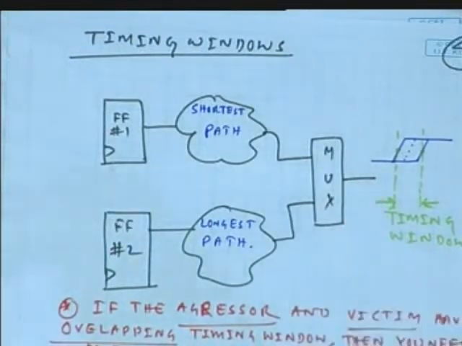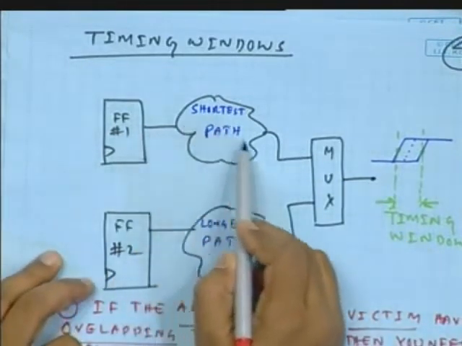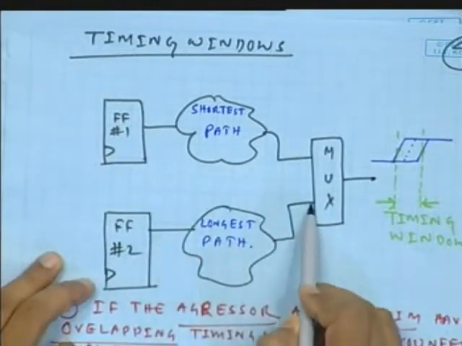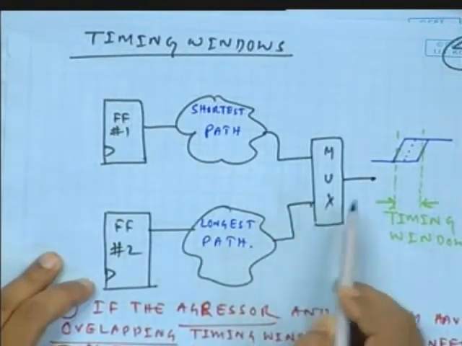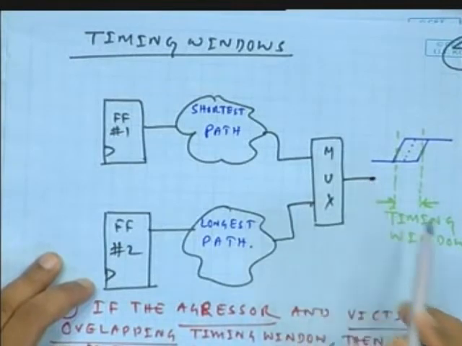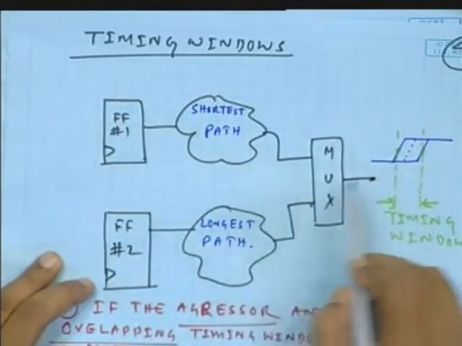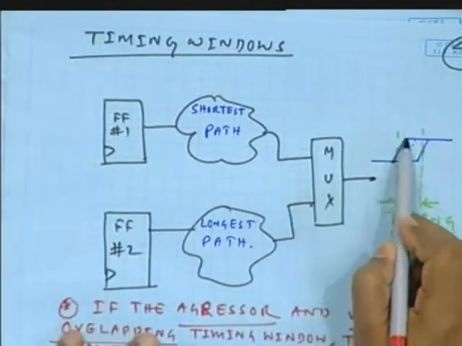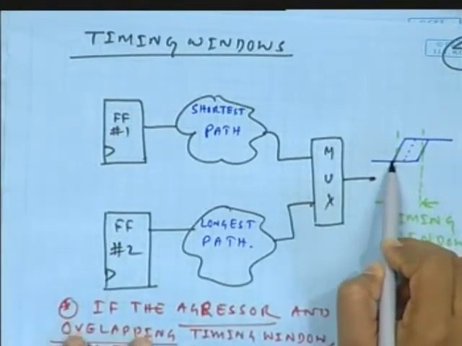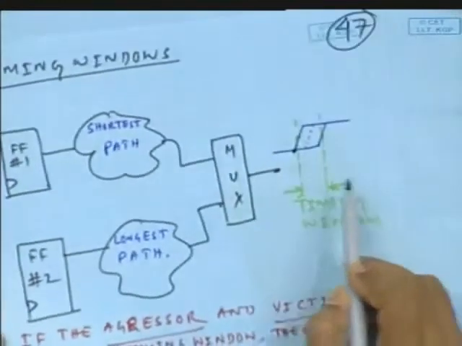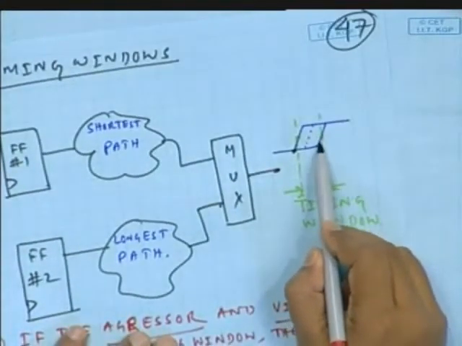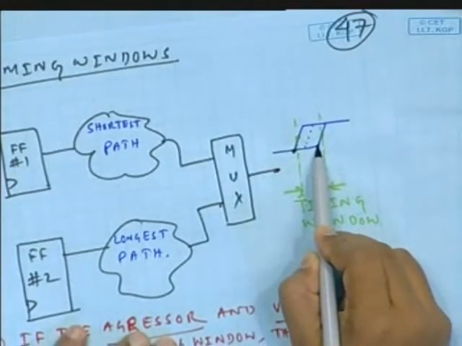See, I am pointing what happens to this point, just for understanding. Okay, so this is the shortest path and this is the longest path to propagate to this point. So through the shortest path, the signal can come early at this point, right, and through the longest path, the signal can propagate to this point after maximum time.